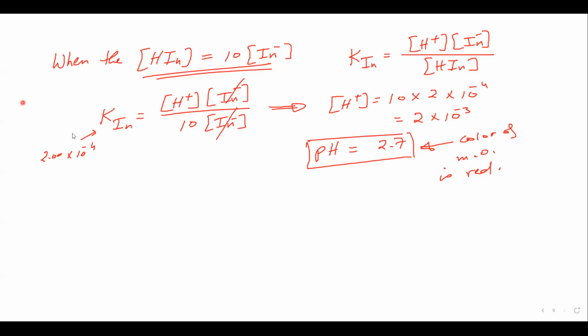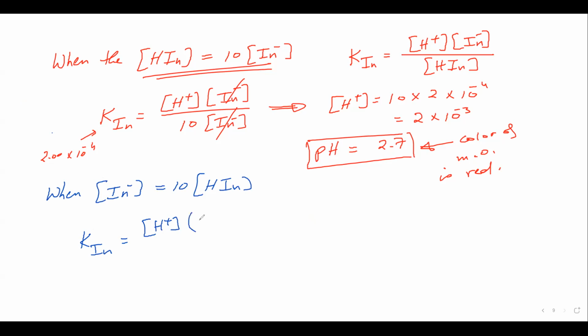And it is yellow when the concentration of IN negative is 10 times the concentration of the HIN. So the K indicator is equal to H positive, we are going to remove the IN negative and replace it with 10 times the concentration of HIN, divided by the concentration of HIN.